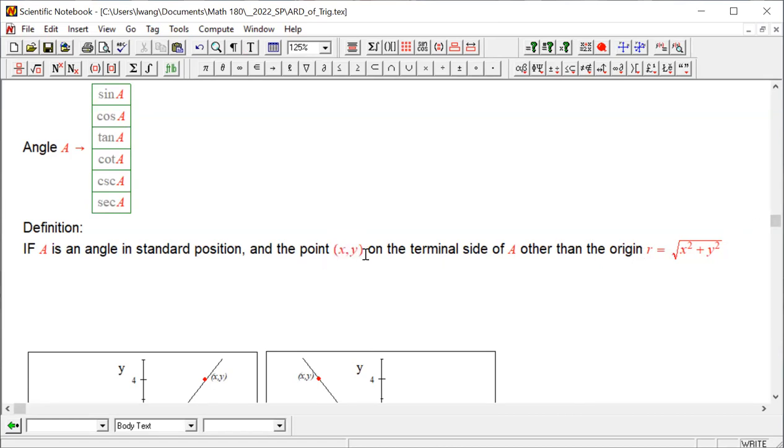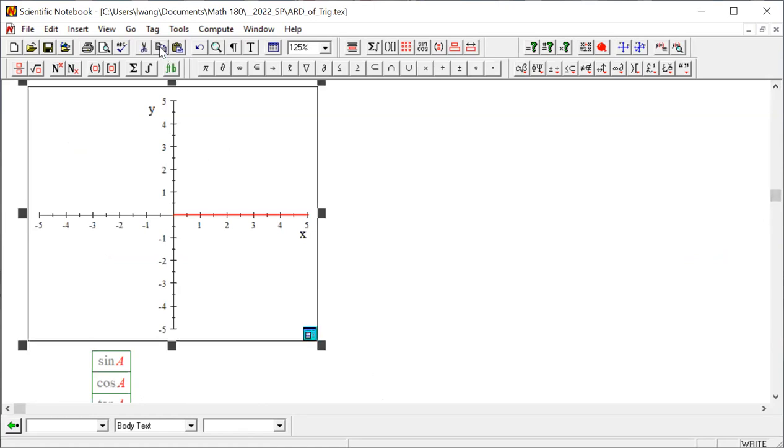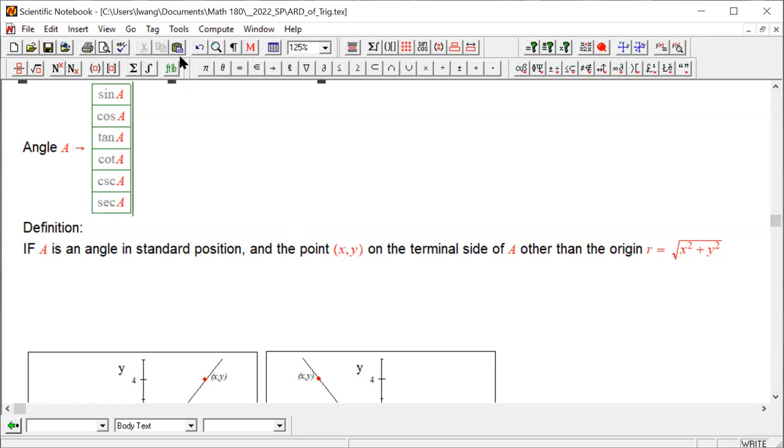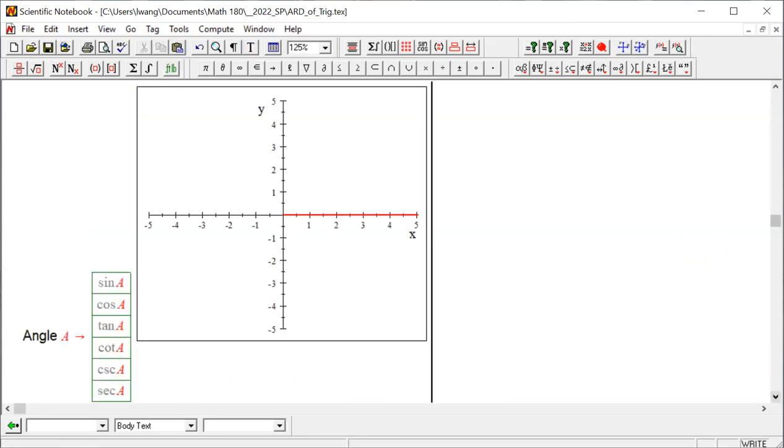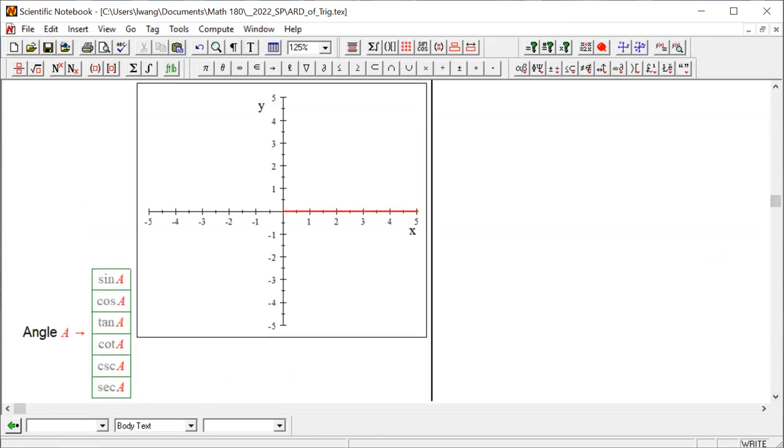The point x comma y is actually arbitrarily chosen, right? So we have the standard position, we measure our angle, and we have a terminal side. For example, the terminal might be here.